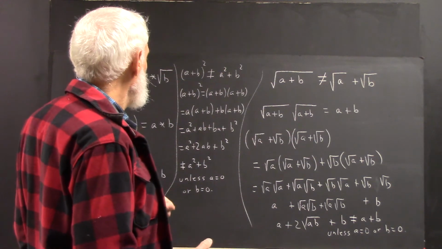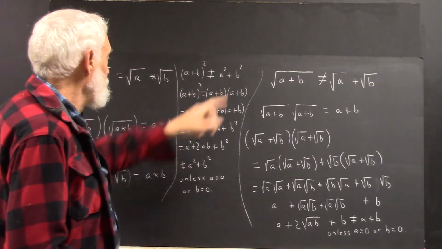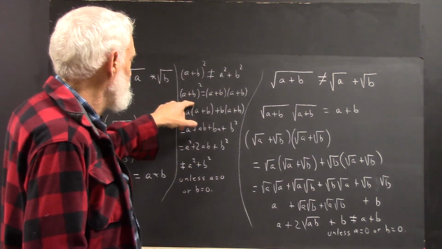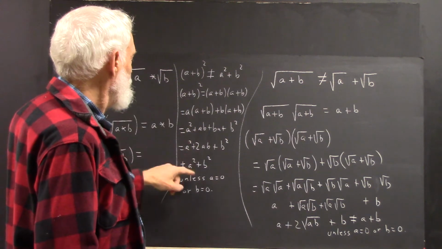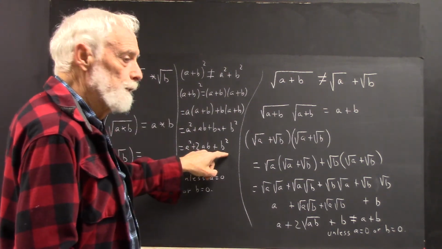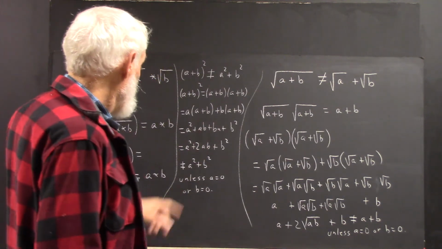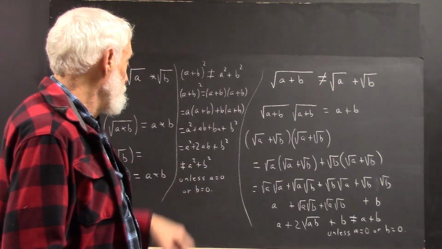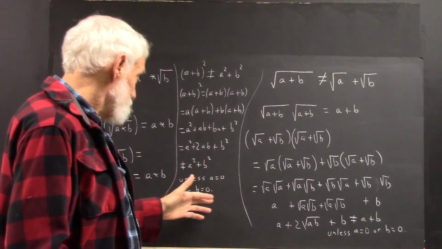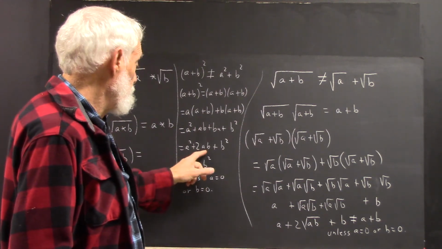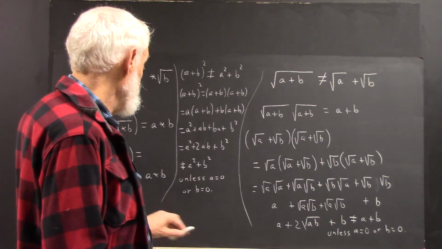Easily disproven. This is not equal to this because if you square a plus b, you get a squared plus 2ab plus b squared, just applying the distributive law. And that is not equal to a squared plus b squared unless a or b happens to be 0, which would make the 2ab 0.